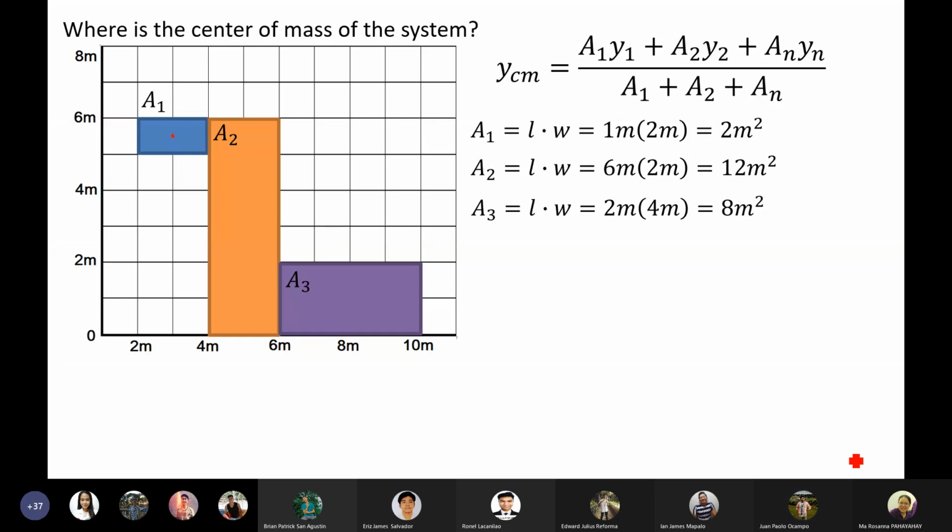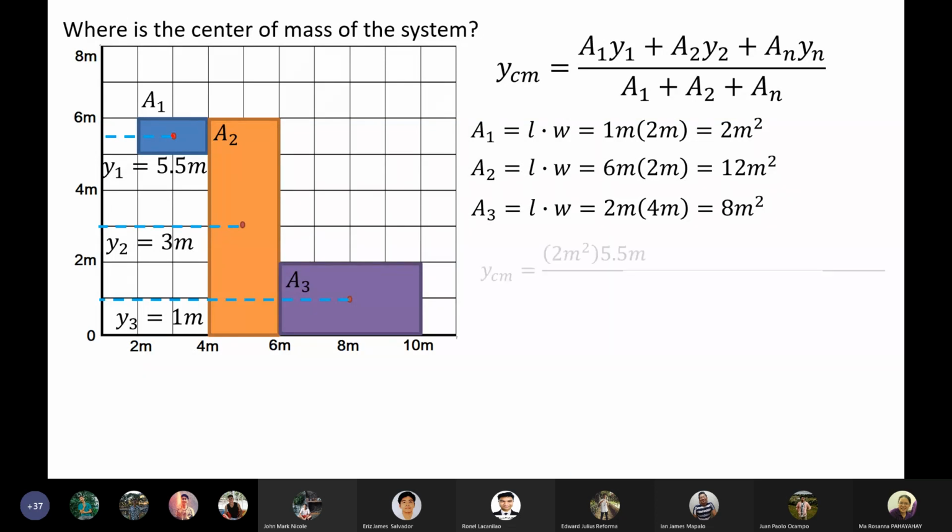Very good. How about A2? 3. Okay, 3. How about A3? 1. Okay, 1 meter. So, ang titingnan nyo is yung position niya along Y.